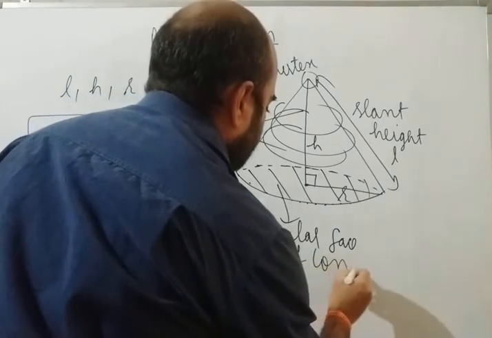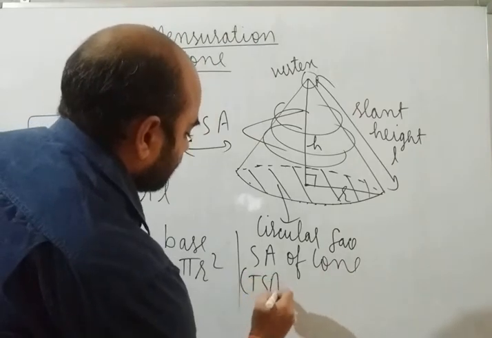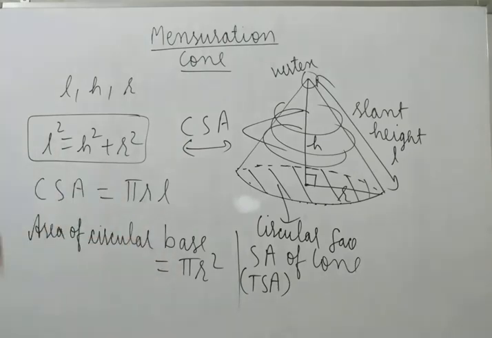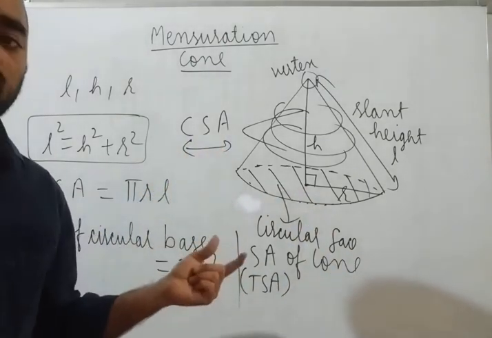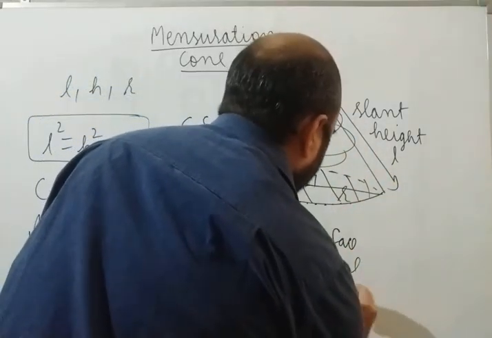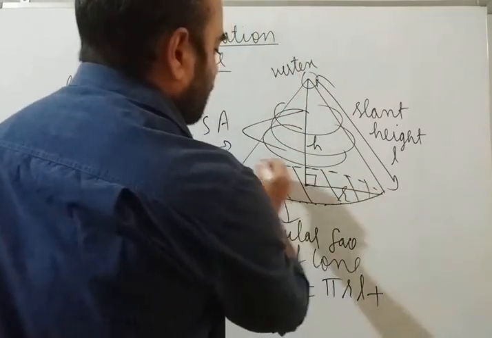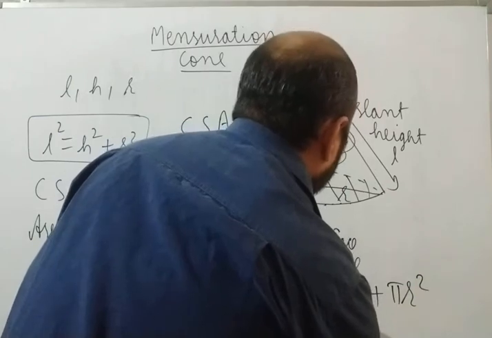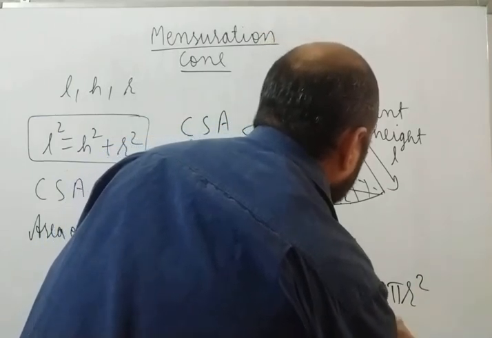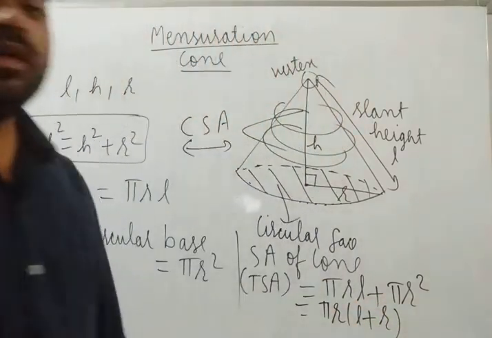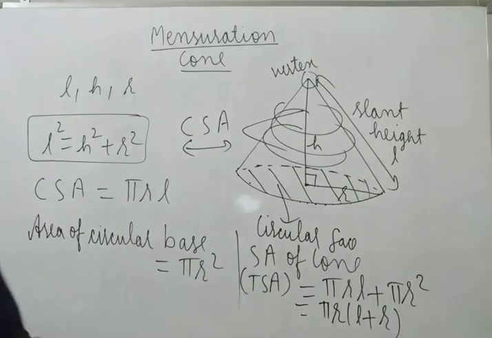Surface area means total surface area of the cone. Total surface area means we have only two faces, two surfaces. One is this curved face, pi r L, plus this one, pi r square. So pi r is common. What is left? L plus r. So the total surface area is pi r (L plus r).